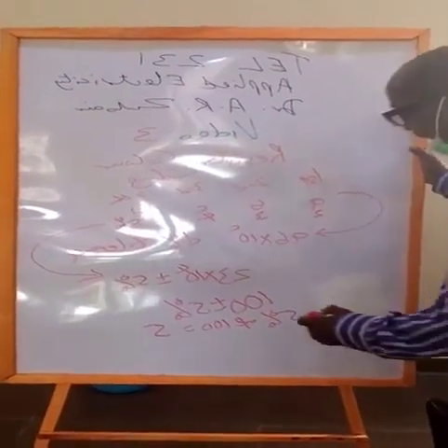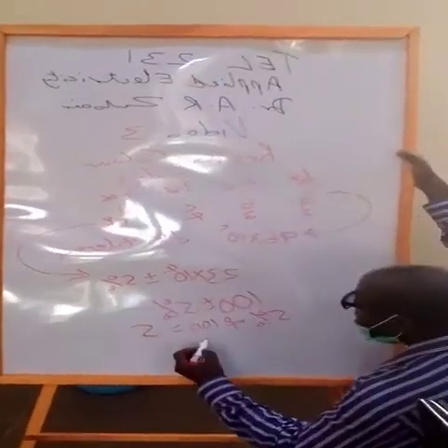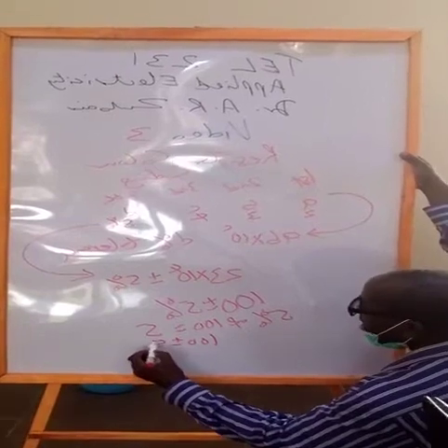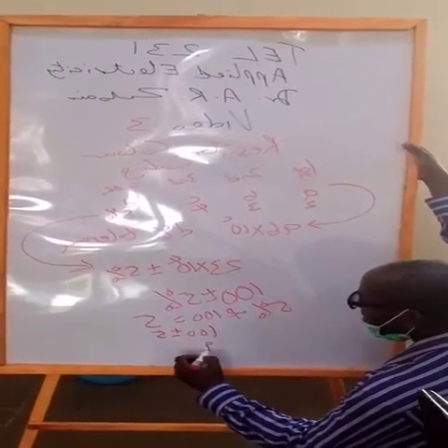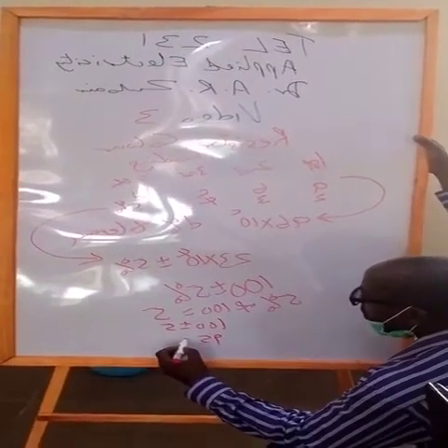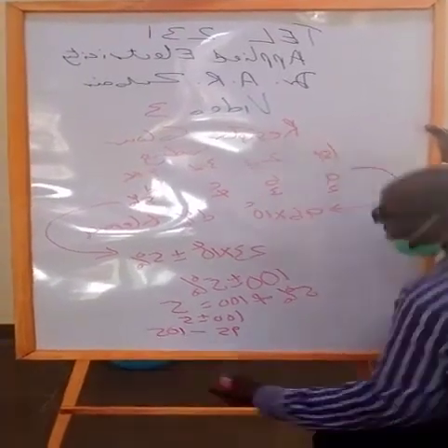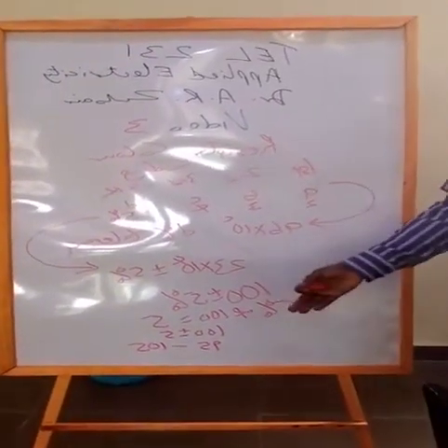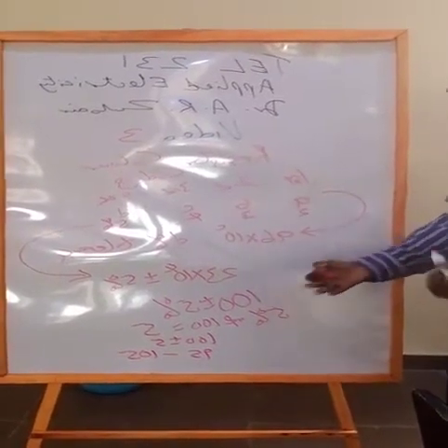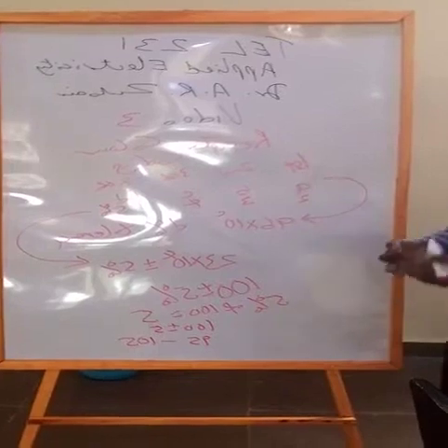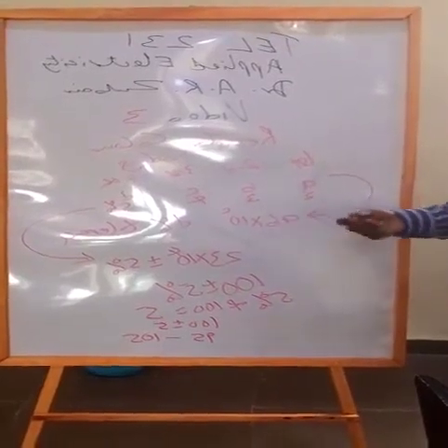And then that means this figure will range 100 plus or minus 5. That would be 95 to 105. That means it can be any figure between it. It can be 95, it can be 96, it can be 100, it can be 101, it can be 105.